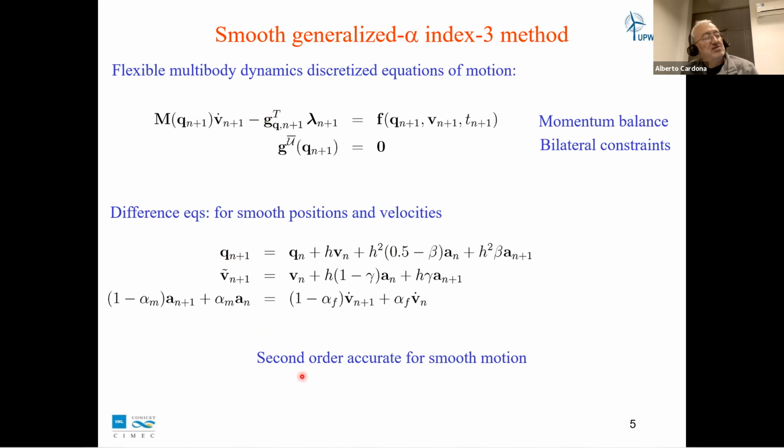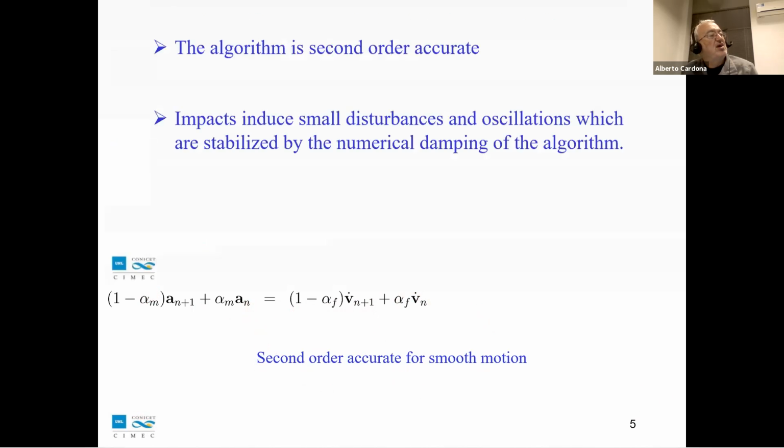This algorithm is second order accurate for smooth motion. H is the time step, and beta, gamma, and alpha_M, alpha_F are parameters which control the behavior of the algorithm.